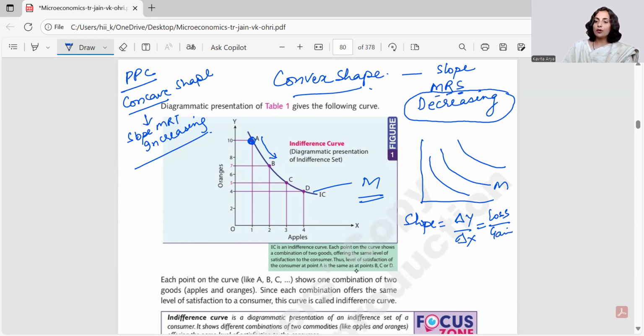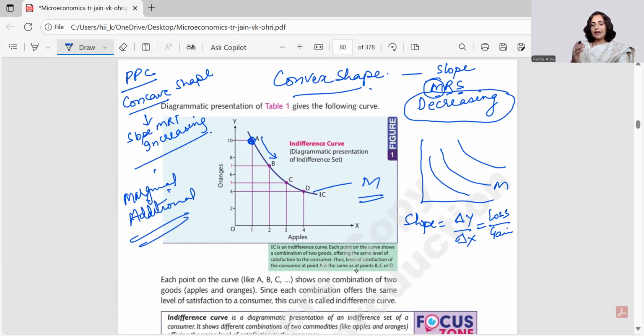And mind you, for all the chapters here in microeconomics, we introduce the term with m as the prefix. What is m? M is marginal. And when I say marginal, marginal means the additional unit. So additional unit means whenever one more unit of x is increased, we are trying to check how much of y is sacrificed.